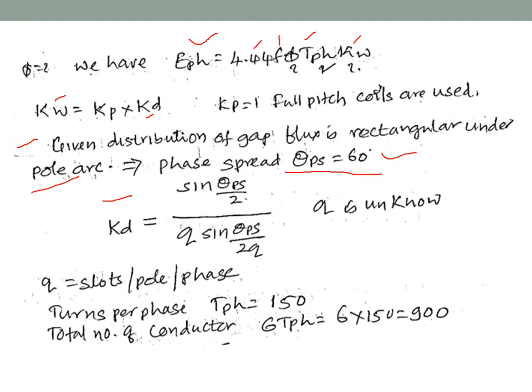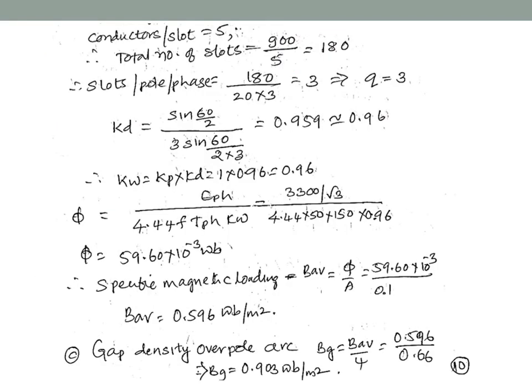Now Q is unknown in this one. This theta ps is 60. Again Q is slots per pole per phase. So how to find out Q? TPH is 150. Total number of conductors is 6 into 150, 900. So conductors per slot 5.